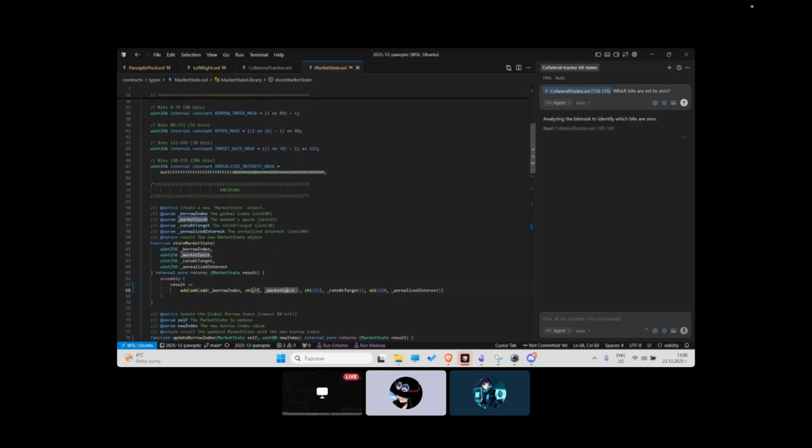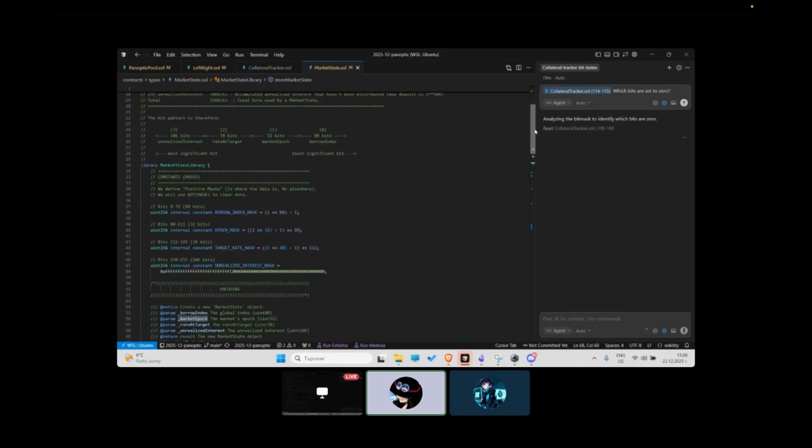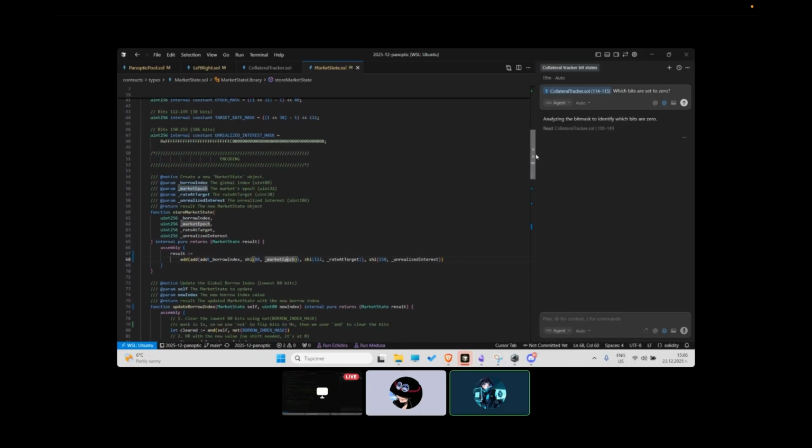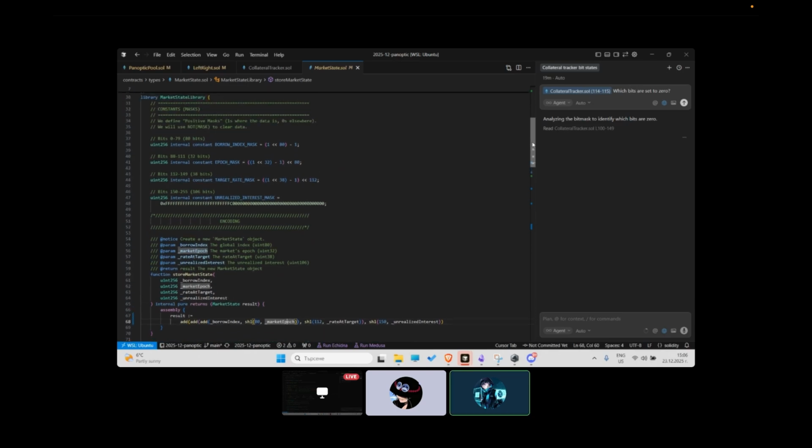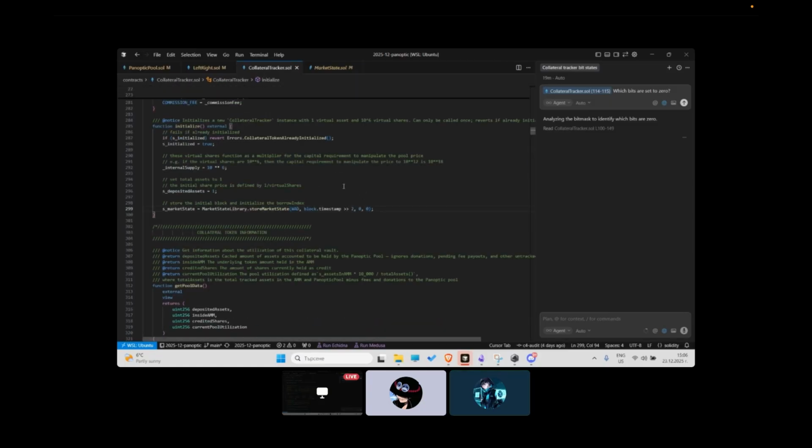Okay, they're storing it. You know what? I think this is easier to understand with bits. So they shift right 2 times, right? The epoch is like the upper 30 bits, because this is 32 bits.